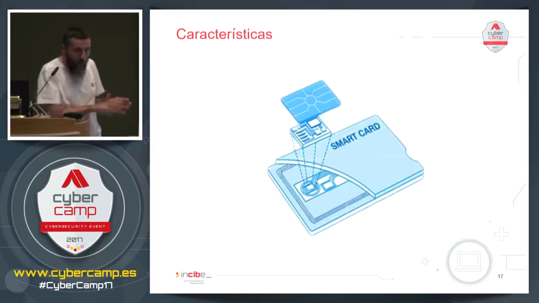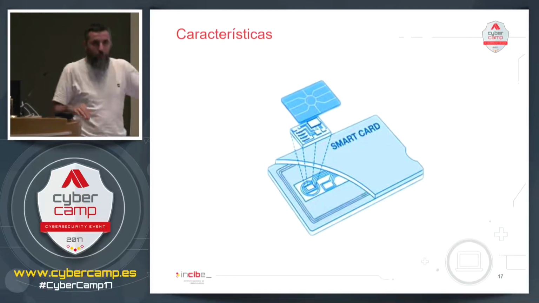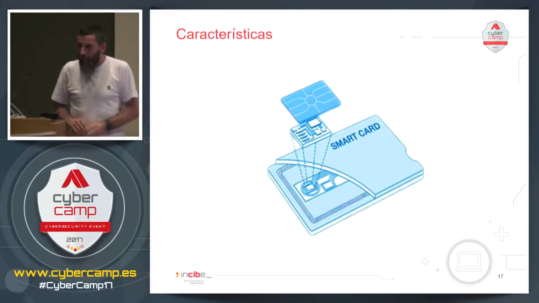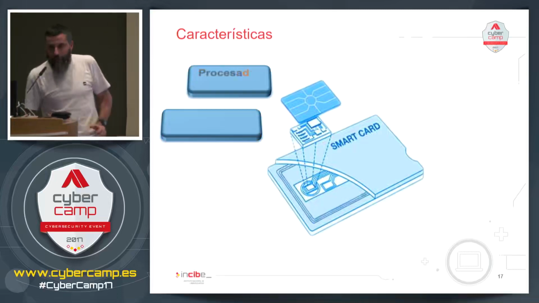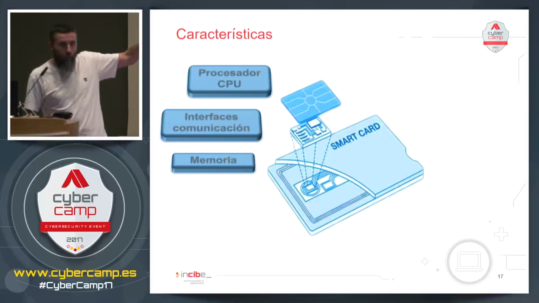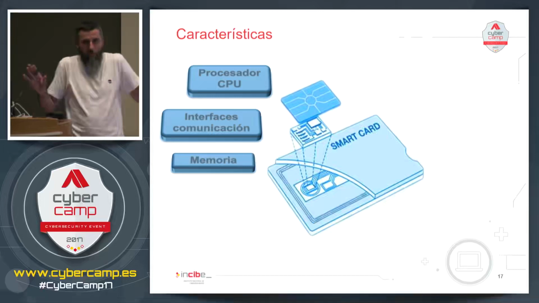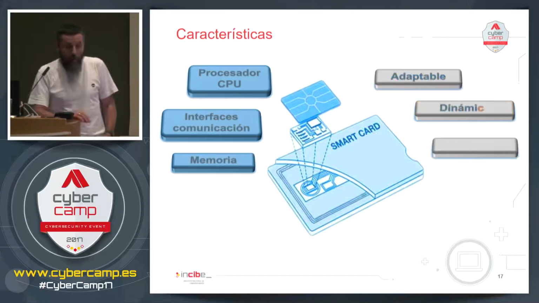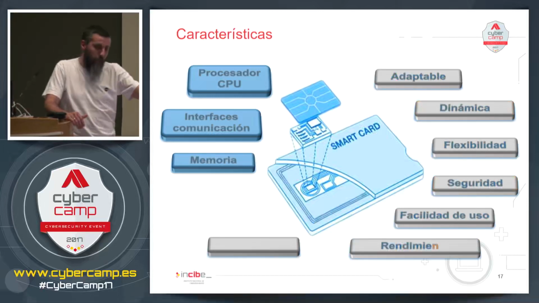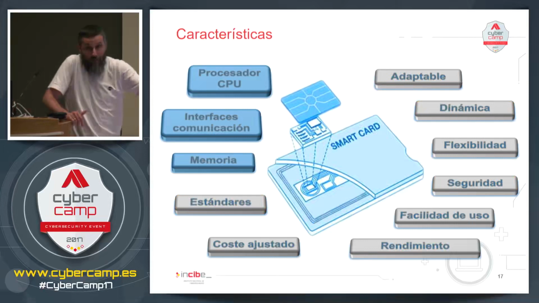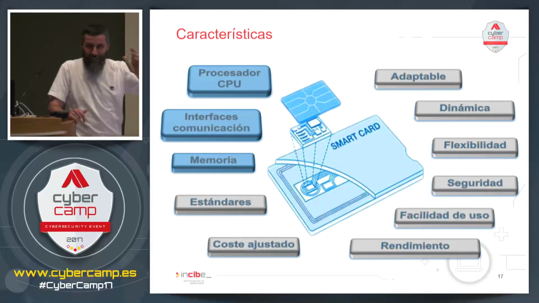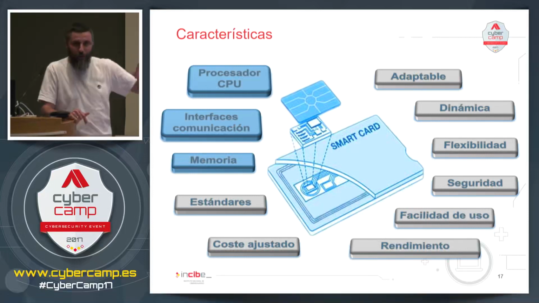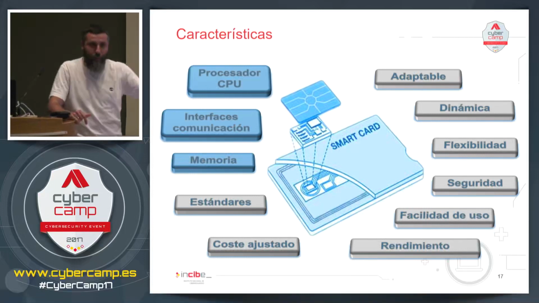Anyway, there you see how we've evolved to such an extent that now our cards have more capacity than the initial computers. It's got a CPU, processor, communication interfaces, memory, and what does it offer us? It's adaptable, dynamic, flexible, easy to use. I mean, who here doesn't know how to use a banking card?